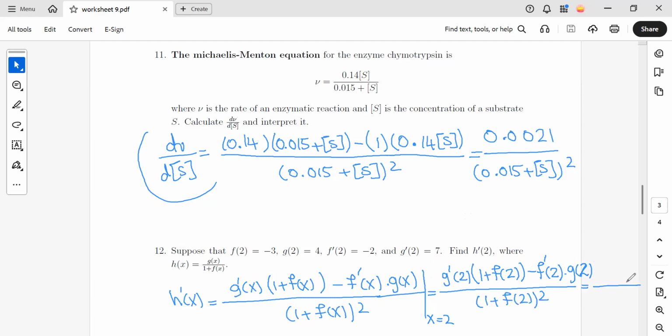Using the amounts that are given to us, this one is 7, this one is 7, this one is -3, this one is -2, this one is 4, and also this one is -3. So altogether, -3 over 2 is the answer.